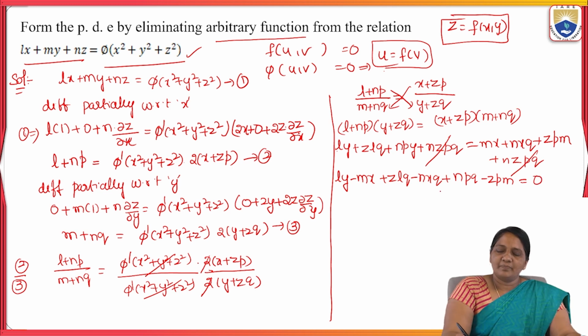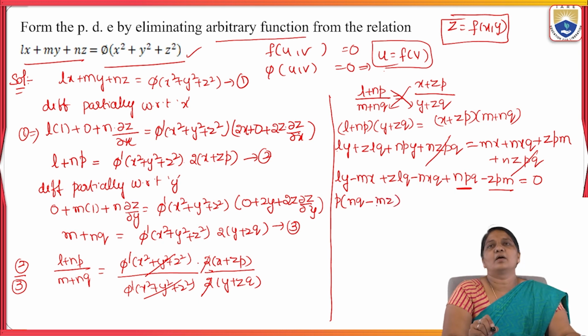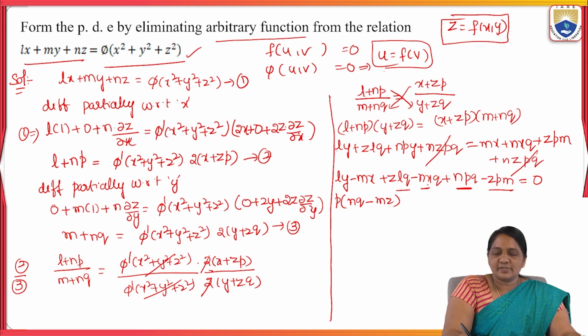Here take the p terms common. What are the p terms? npy and zpm. Taking p common, p into ny minus mz, and taking q common, plus q into lz minus nx, plus ly minus mx is equal to 0.